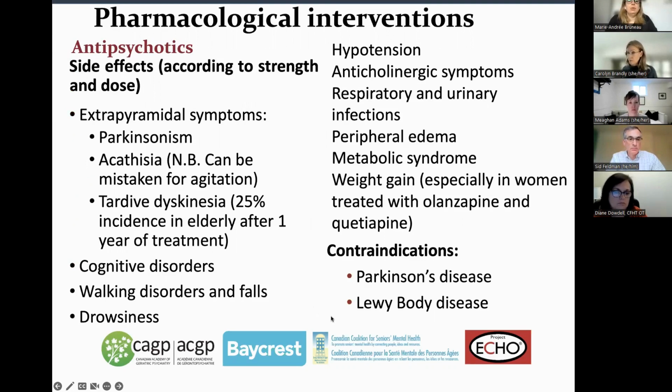So why are there restrictions in the indication for antipsychotics? Well, because they are associated with many side effects. You all know about extrapyramidal symptoms like Parkinsonism, but also akathisia. Akathisia can sometimes be mistaken for agitation.